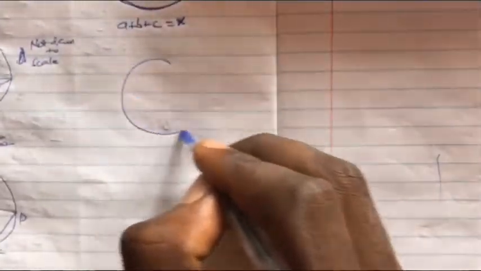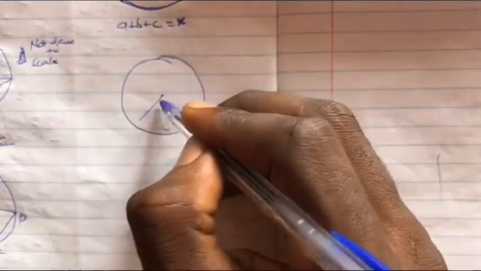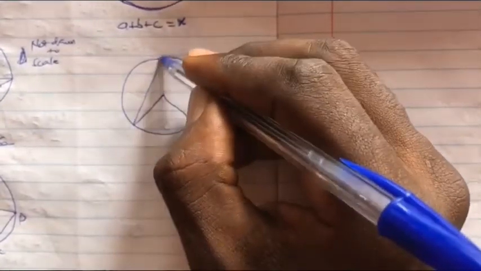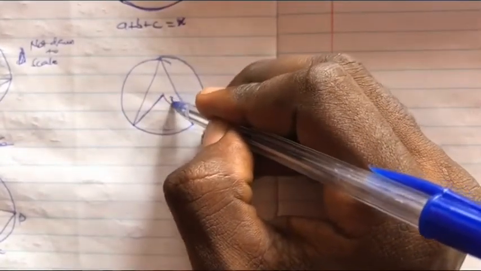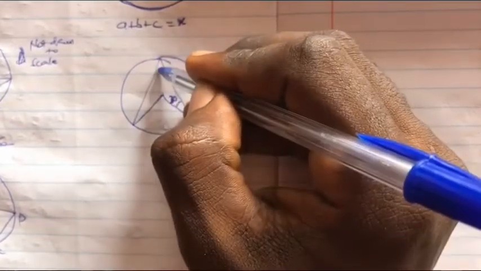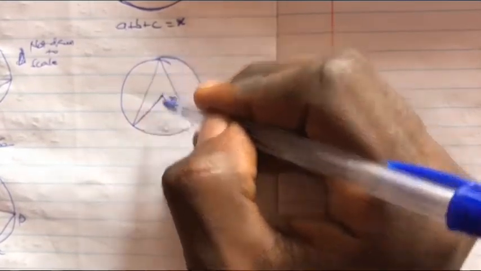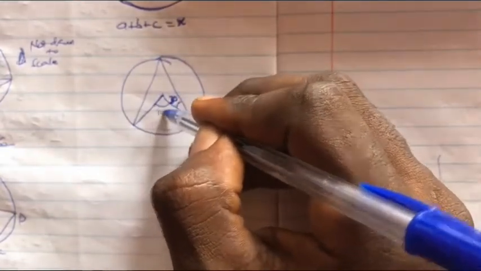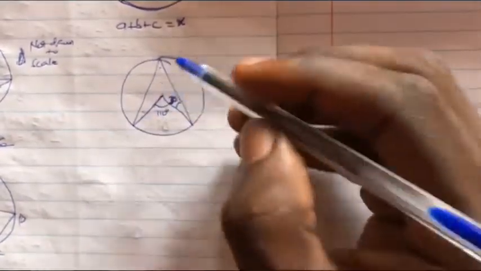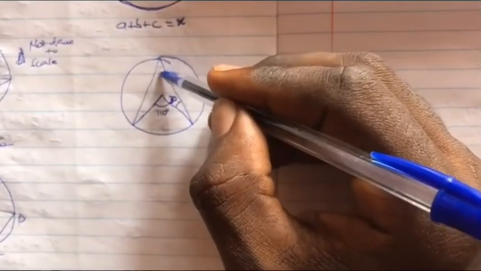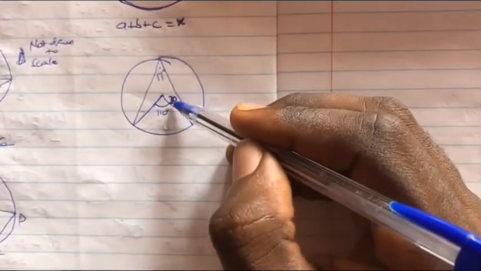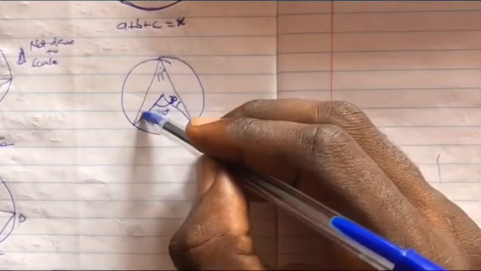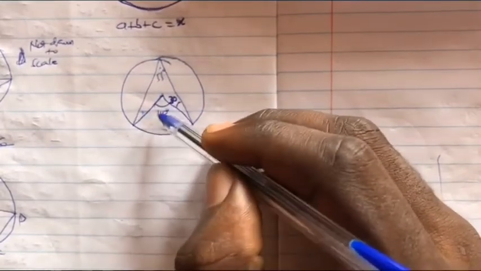Okay, for example, in a question like this, you are given the angle here to be, say, 30 degrees, and the angle here is, let's say, 110. You can find this angle and that angle, because you know that half of this will give us this angle. So this angle will therefore be 55 degrees. And I can find this because the sum of this angle, that angle, and this angle will give us 110.